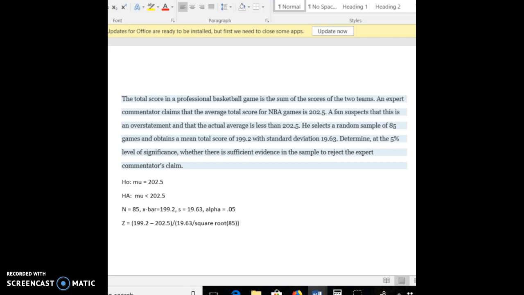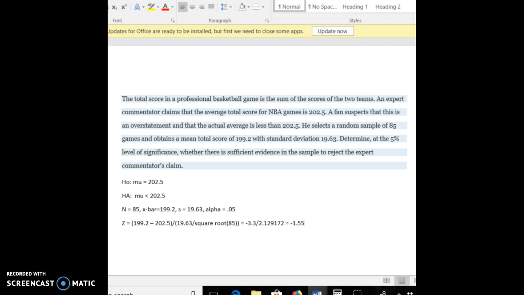All right, so now if I do those calculations, 199.2 minus 202.5 gives me negative 3.3 on top. And then if I take 19.63 and divide it by the square root of 85, that's going to give me 2.129172 on the bottom. And finally, if I go ahead and do that division, negative 3.3 divided by 2.129, I get negative 1.55.